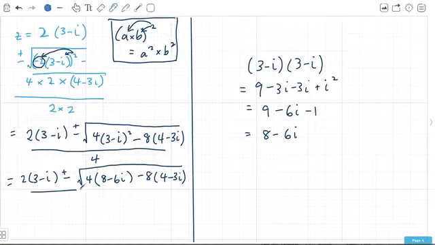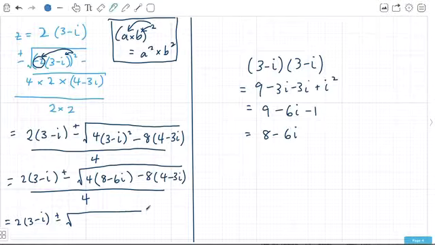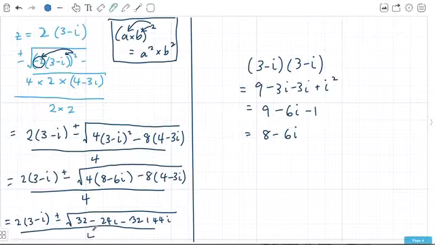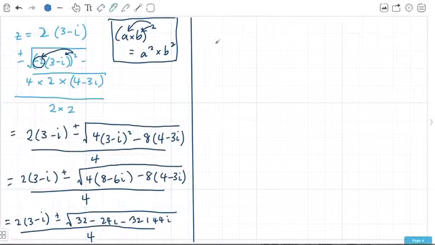I'm going to expand, all of that's over 4. So quite a lot of algebra in this. 8 fours are 32, 6 fours are 24, 8 fours are 32, and 8 threes are 24. Which is pretty funky because that means it all cancels out. It's beautiful.